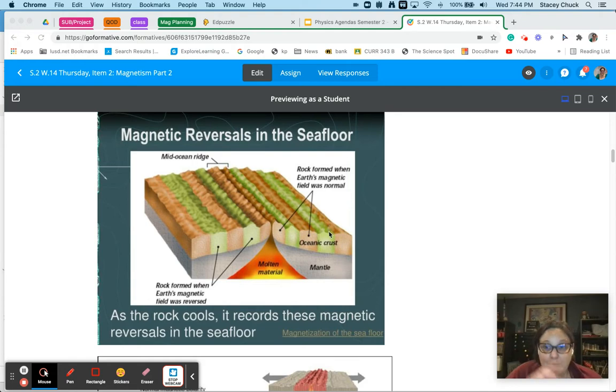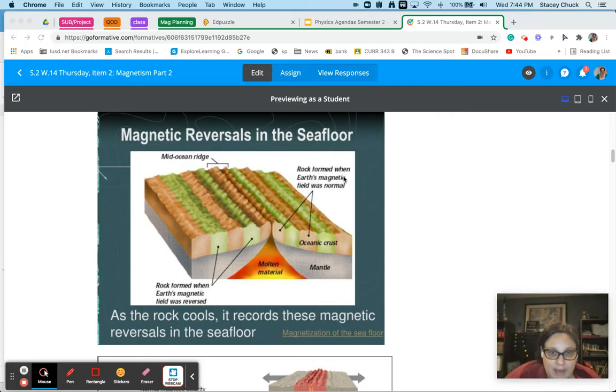It reverses, and south becomes north and north becomes south. We don't completely understand how this happens or how quickly it happens. It is speculated that we are leading into another reversal soon. But remember, on a geological timescale, soon can be hundreds of thousands of years. So soon doesn't mean this year or even your lifetime.